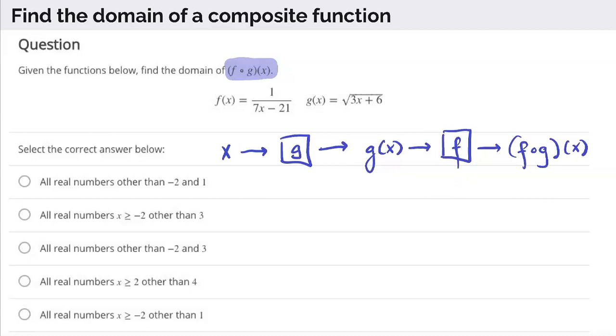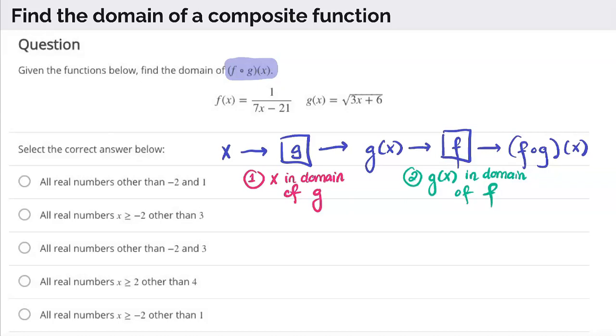So remember, the two things that we're always checking: first, x has to be in the domain of g, otherwise we can't even get through step 1. And the second thing we have to check is that g of x, the output of that first function, has to be in the domain of f. Okay, so that's the general process.